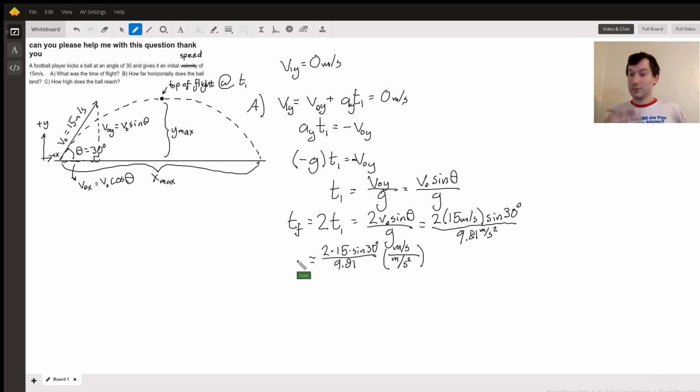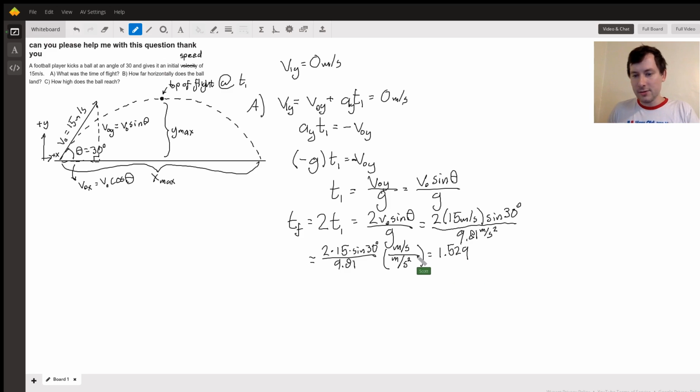Now, this first part, just the numbers, you can plug into your calculator. Your angle is given in degrees, so make sure that your mode is set to degrees. 2 times 15 times the sine of 30 divided by 9.81. That is 1.529.